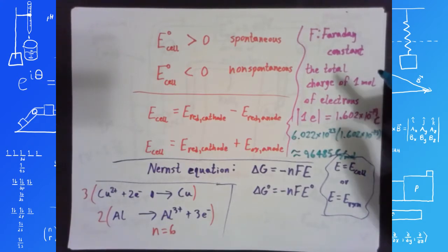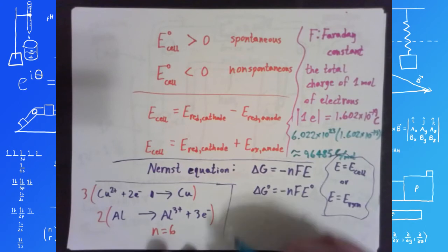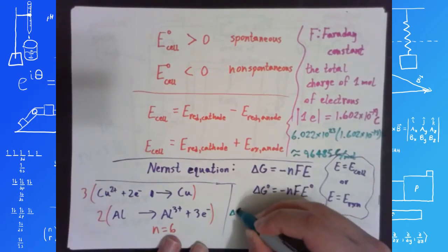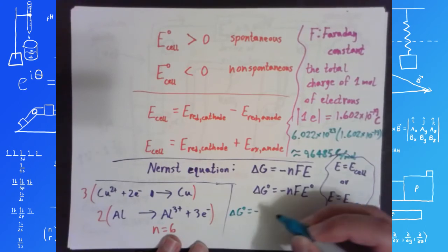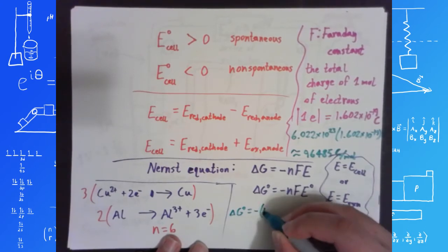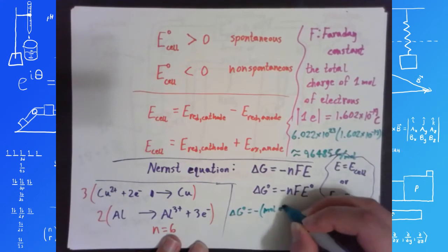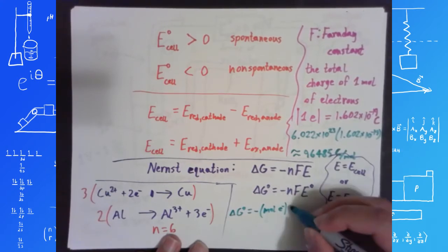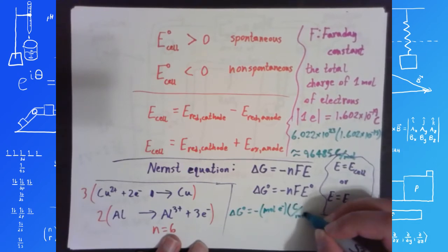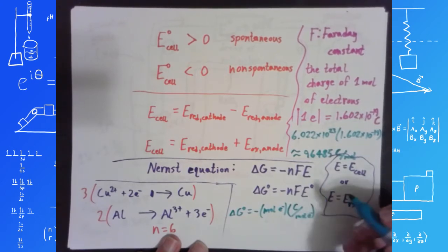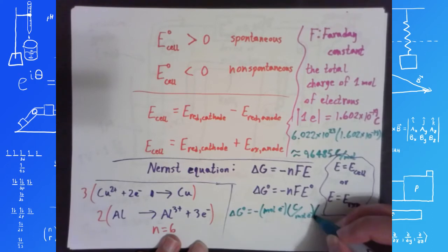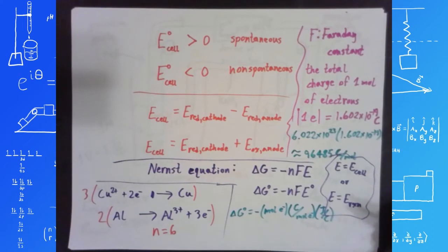Okay, so let's work out the units here. Delta G standard is going to equal negative N, which is in moles of electrons, times the Faraday constant, in coulombs per mole of electrons, times E, the cell potential, which is in volts, the same as joules per coulomb.